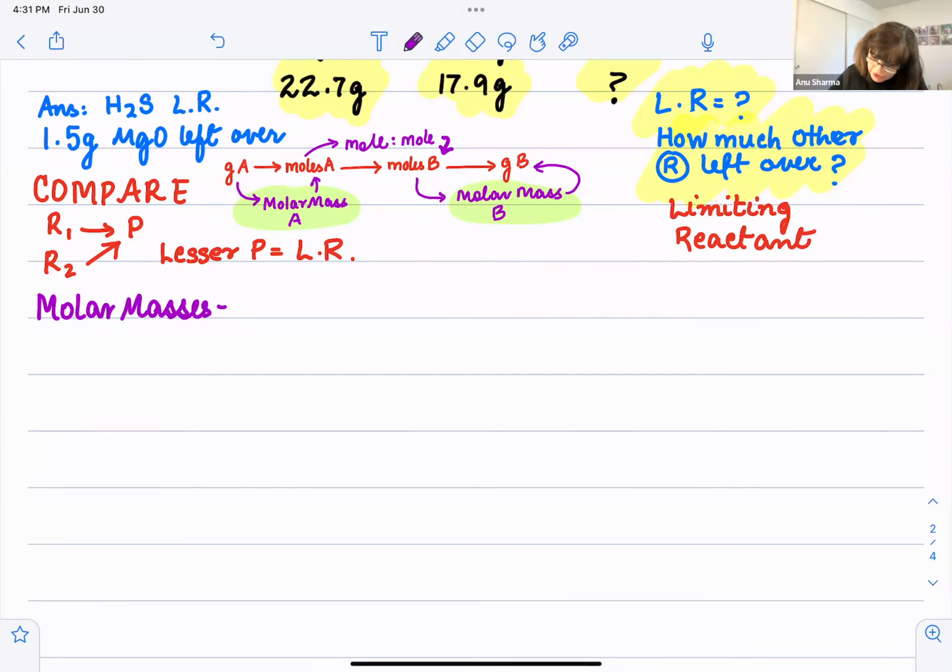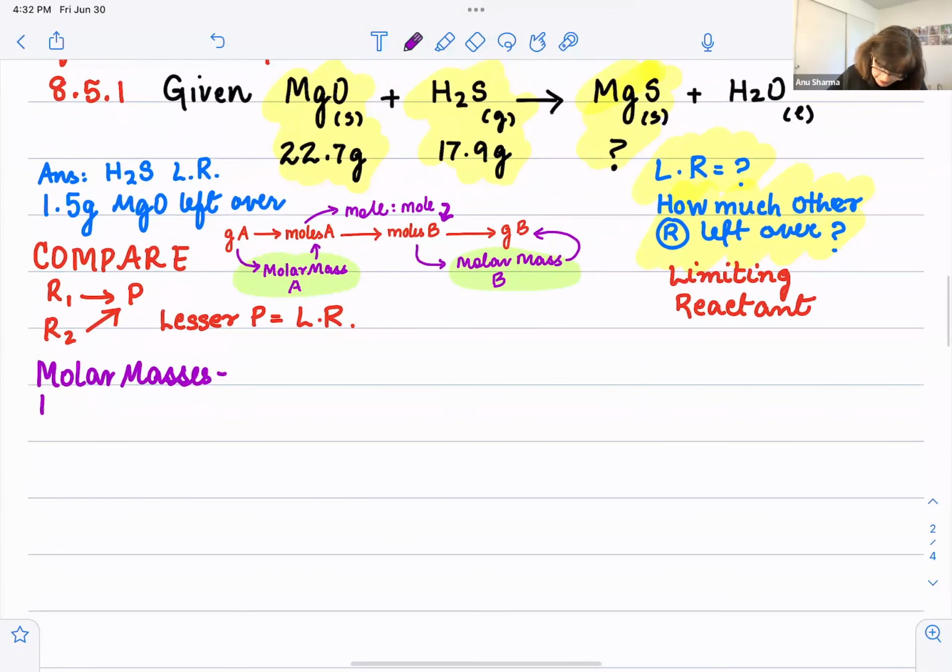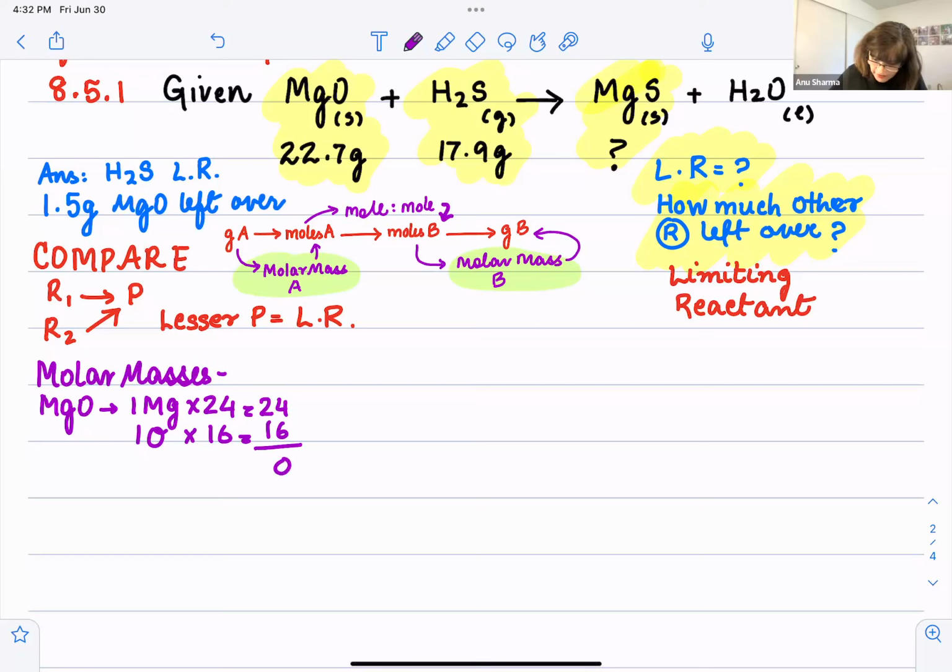Okay, magnesium. So we are comparing magnesium oxide and magnesium sulfide. Here we have one magnesium. Magnesium is 24, and we have one oxygen. Oxygen is 16. So here we have 24 plus 16, and that gives you 40 grams per mole.